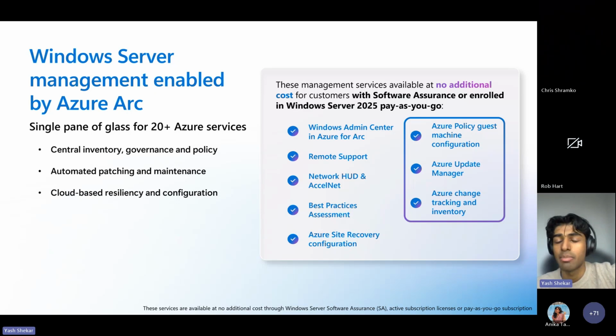It was in preview before, and if you are already taking advantage of Windows Admin Center in Azure, even if you don't attest to having software assurance, I think we're giving you something like a 1-year grace period, so that should continue to work, but obviously we'd like you to attest to having SA so you can continue to use this in perpetuity.